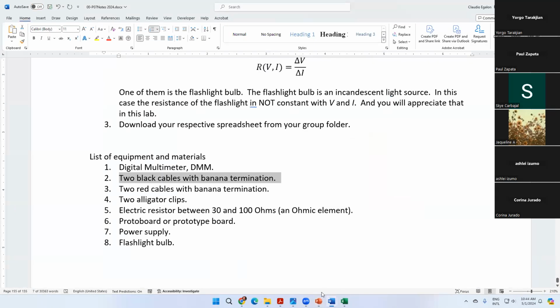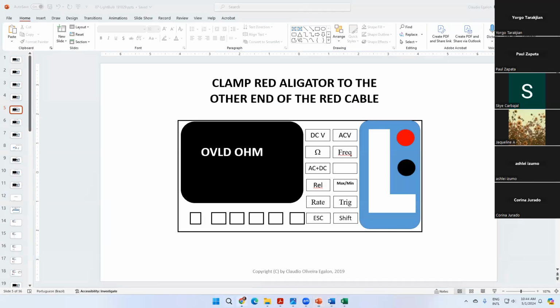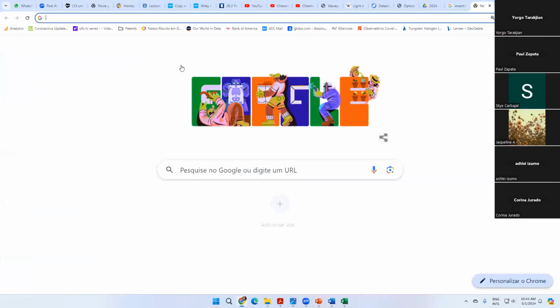So now we have the alligator right here. We talk about this one, right? And we can follow according to the simulation as well. Very soon I'm going to get there. So let's go there right now.